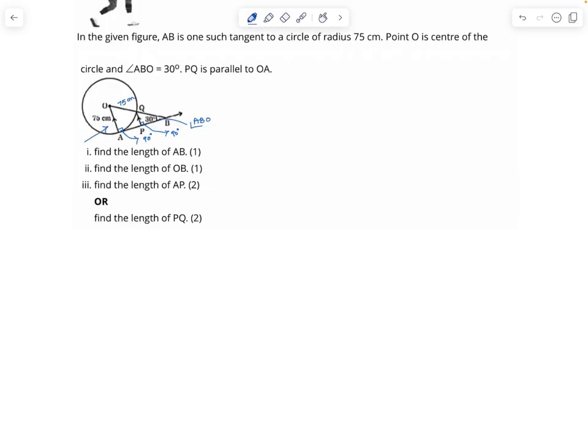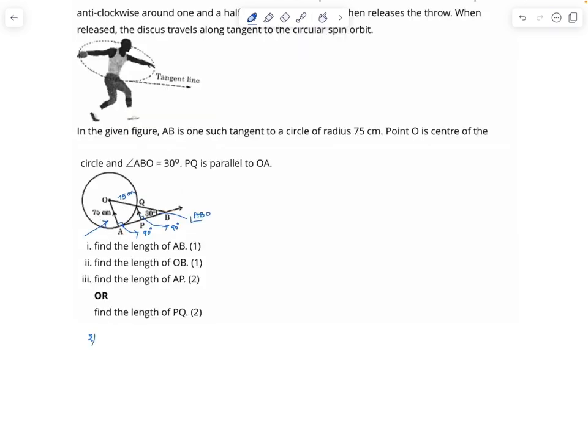To get that, let us consider triangle OAB. In triangle OAB, we have one side OA, which is 75, and the other angle is 30 degrees. So using these two details, we can use the tangent ratio to get the side AB. Angle OAB is 90 degrees, the reason being radius and tangent subtend 90 degrees at the point of contact.